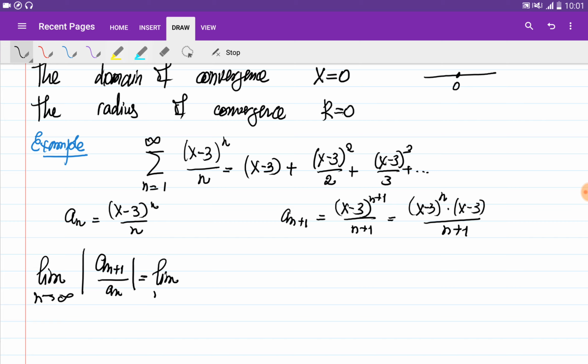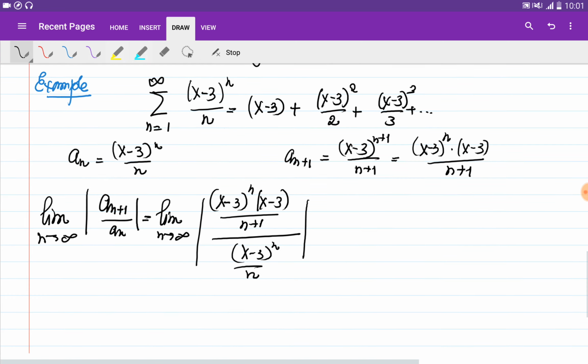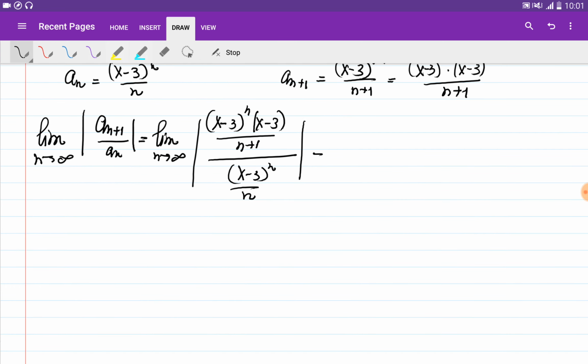So this is going to be, when n goes to infinity, the modulus of (x minus 3) to the power of n, times (x minus 3) divided by n+1, divided by a_n, which is (x minus 3) to the power of n divided by n. So if we cancel out the terms, it's going to be the modulus of x minus 3 multiplied by the limit of n divided by n+1 when n goes to infinity.